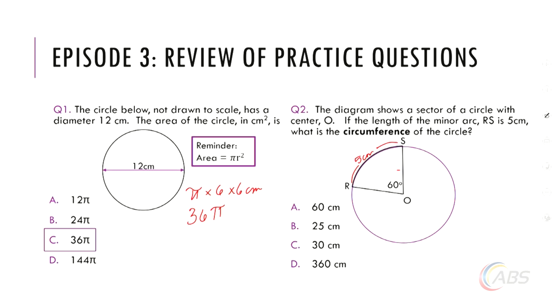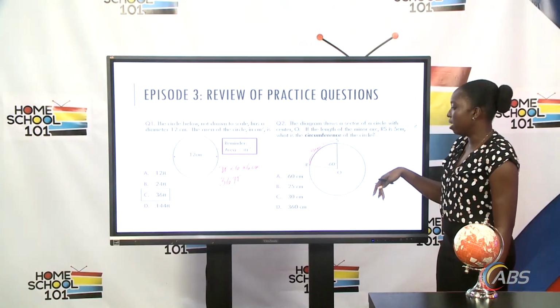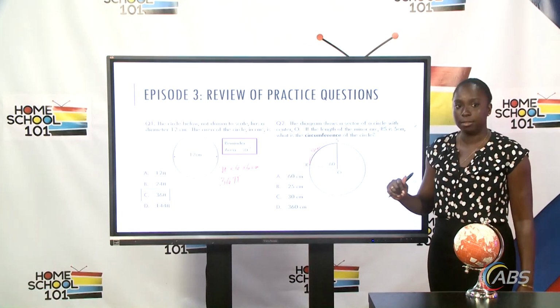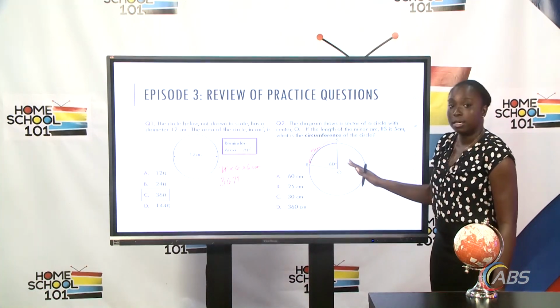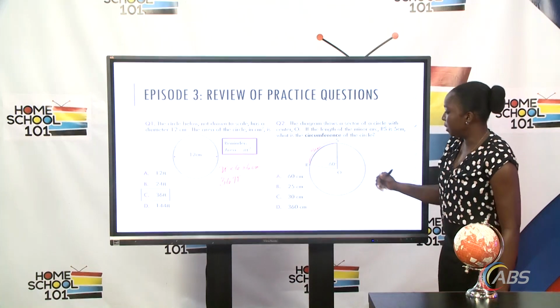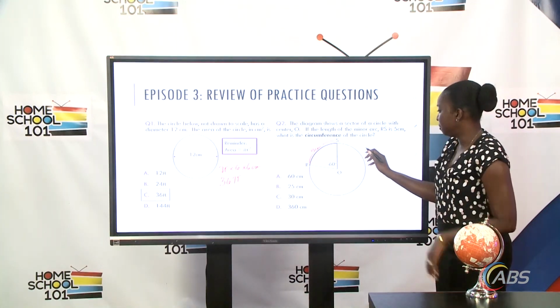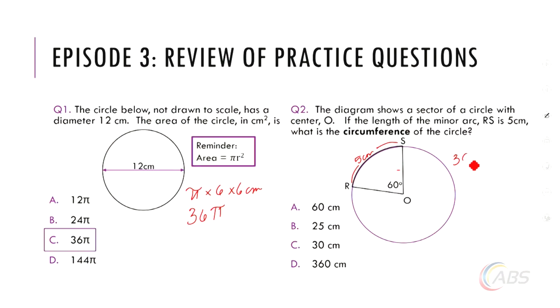So in dissecting this question, the best approach would be to find out how many 60 degrees there are in the entire circle. A circle adds to 360 degrees, and so we're just going to do a division there. So we'll start with 360, and we're going to divide that by 60 degrees to find out how many 60s there are in that.